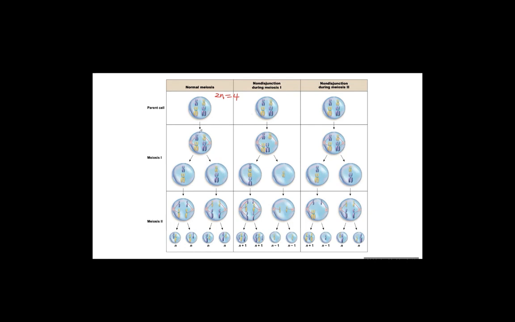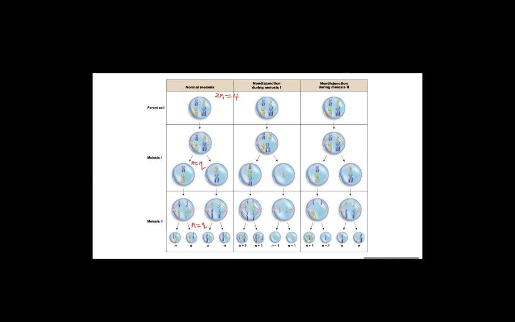And then in meiosis 1, the normal meiosis, the daughter cell has a haploid chromosome number. And after meiosis, each daughter cell is haploid, therefore this should be 2. This should be 2, right? Can you see 1, 2, 1, 2, 1, 2, 1, 2. Each daughter cell has 2 chromosomes. So this is just normal meiosis.